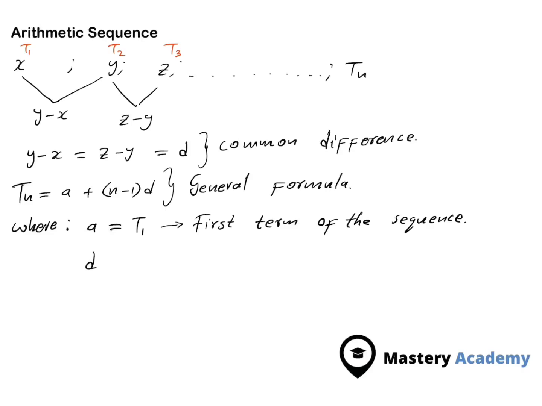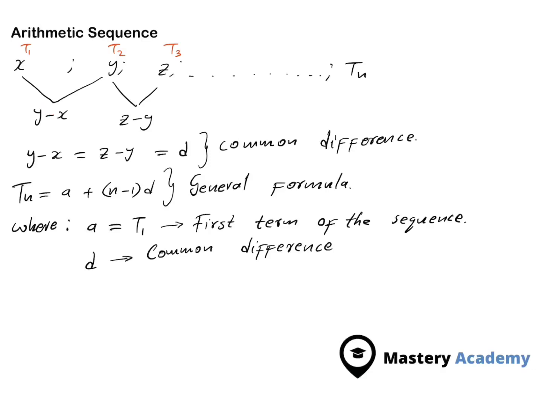Then the next one is D, of which I've already explained to you what exactly D is. This is the common difference. With the common difference, when you look at your sequence, if it happens that the difference between consecutive terms is not consistent, it's not the same, then we can't consider our sequence to be an arithmetic sequence.